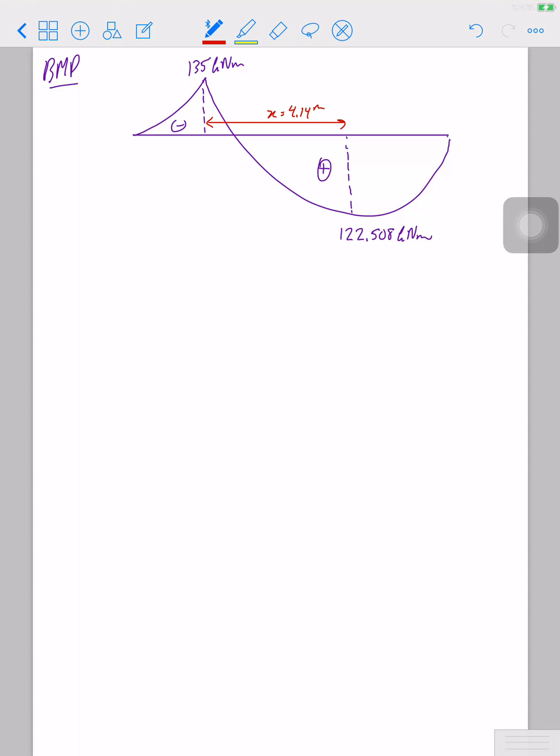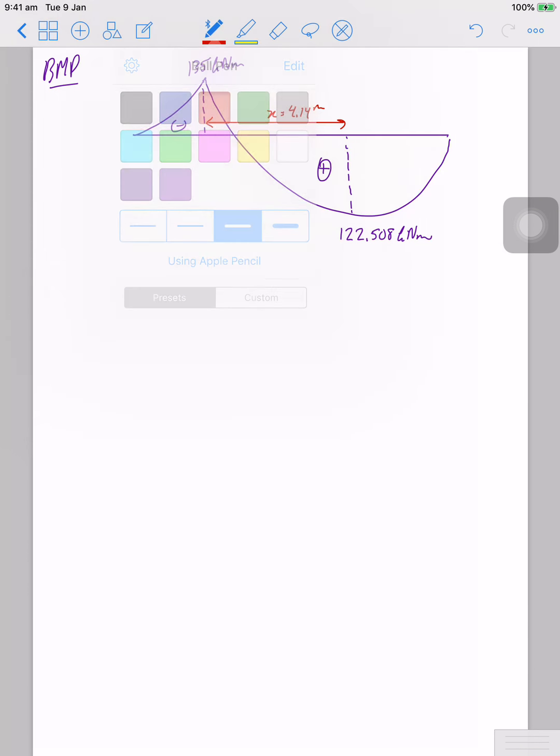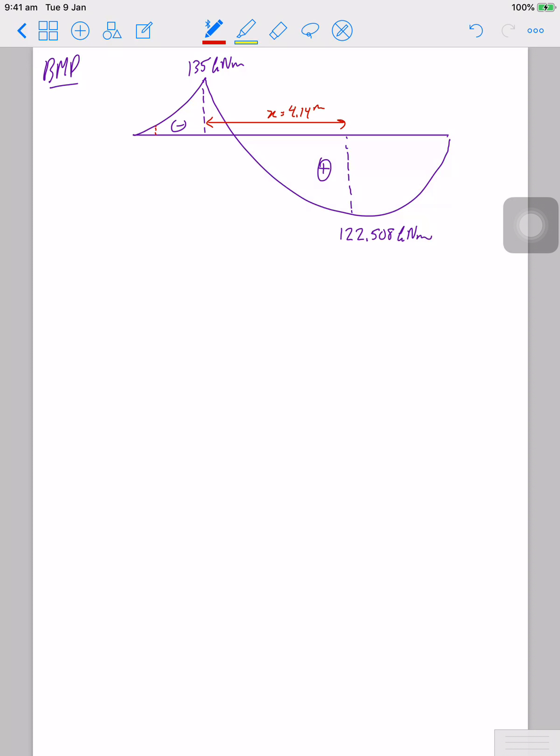So you should get 33.75 in the middle, 0.4375, and then 75.9375.